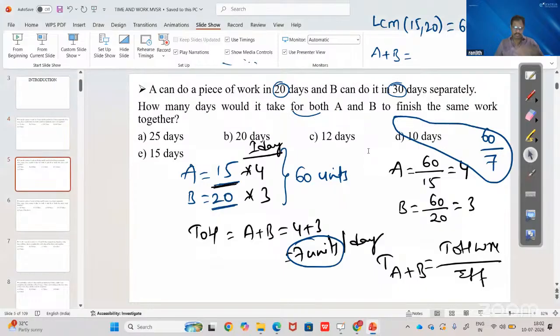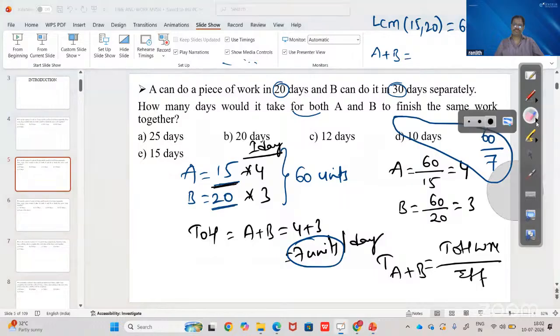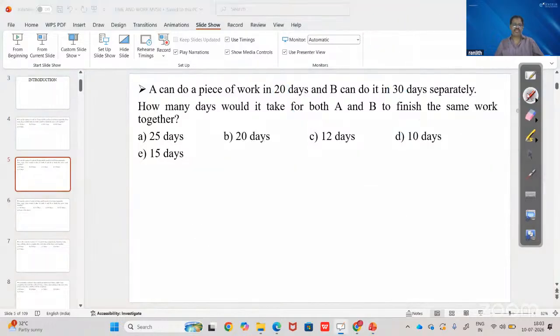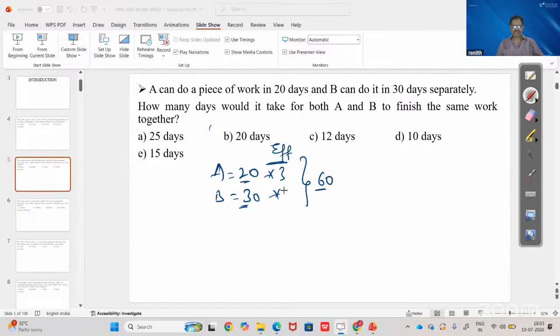Next, A can complete the work in 20 days, B can complete the work in 30 days, and the LCM of 20 and 30 equal to 60. So efficiency of A will be equal to, in 2 table 6 I am getting 3 times, in 3 table 6 I am getting 2 times.